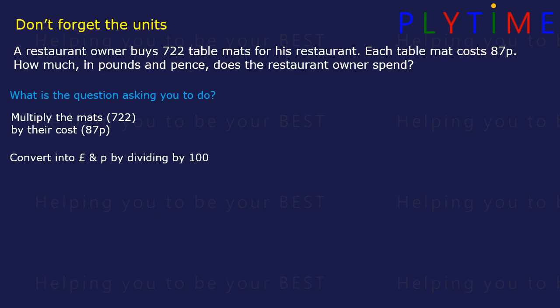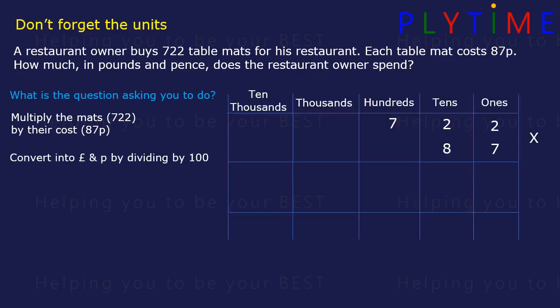by dividing by 100. So 722 times 87. 7 times 2 is 14, we carry the 1 and write the 4. 7 times 2 is 14 again, plus the 1 carried over is 15. Then 7 times 7 is 49, plus the 1 carried over is 50.